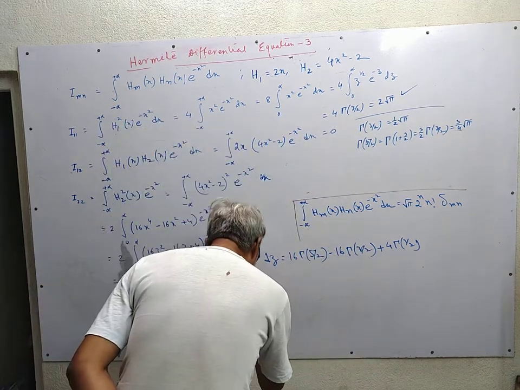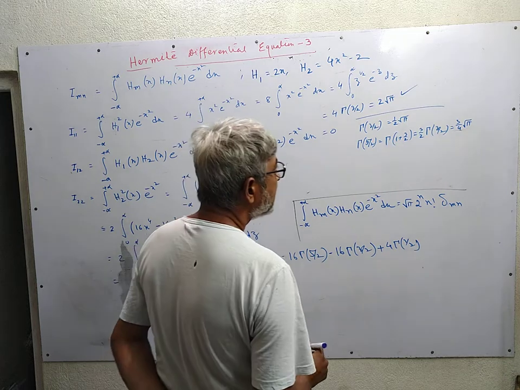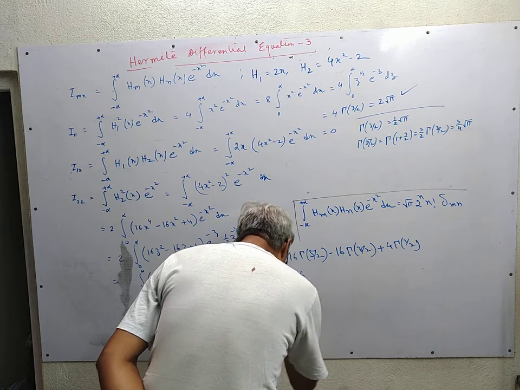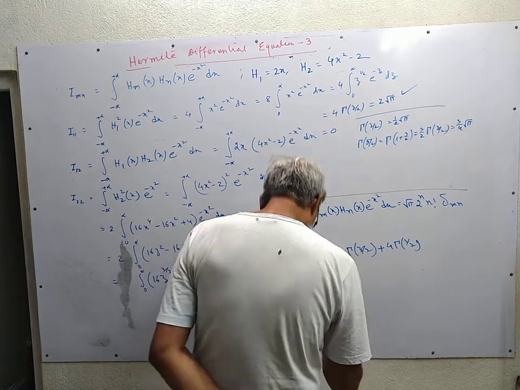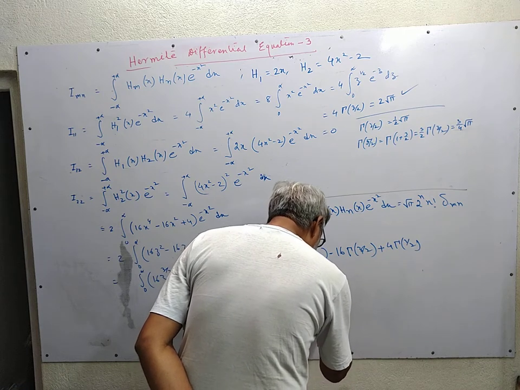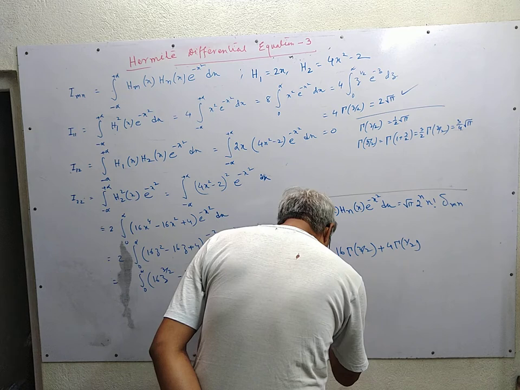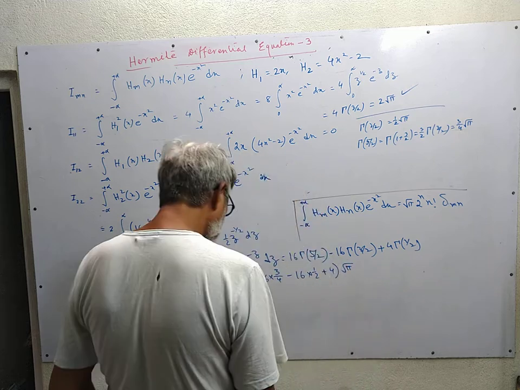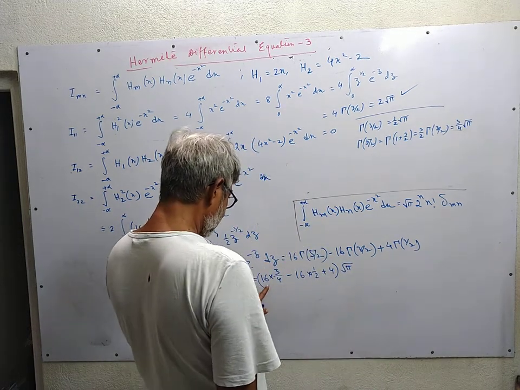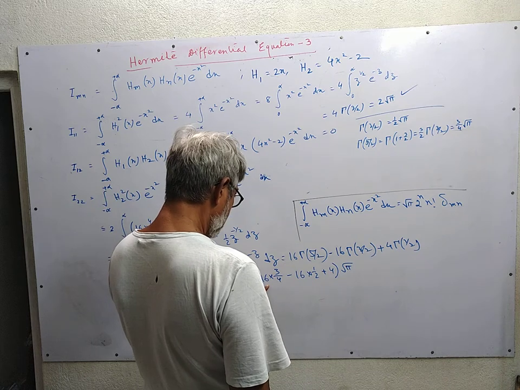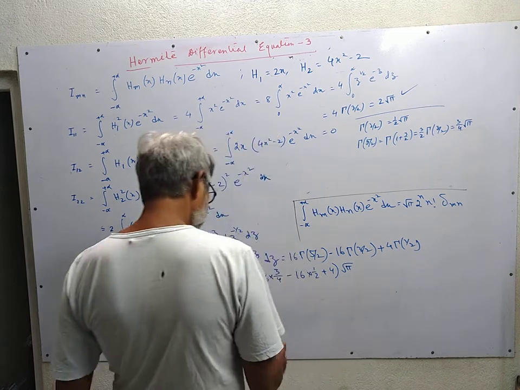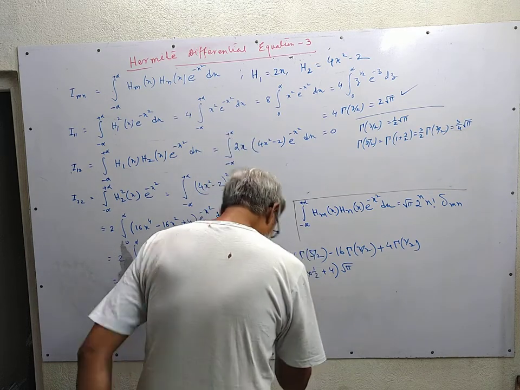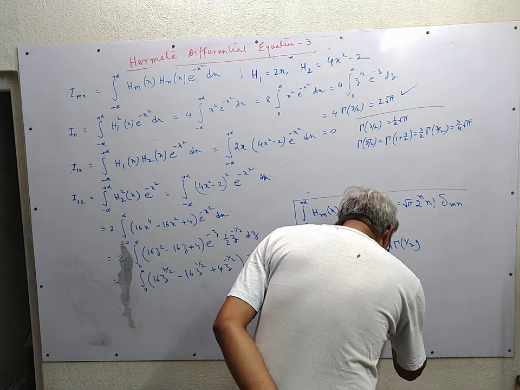So this is 16 times 3 by 4 minus 16 times half plus 4, times root pi. This is equal to 8 root pi.